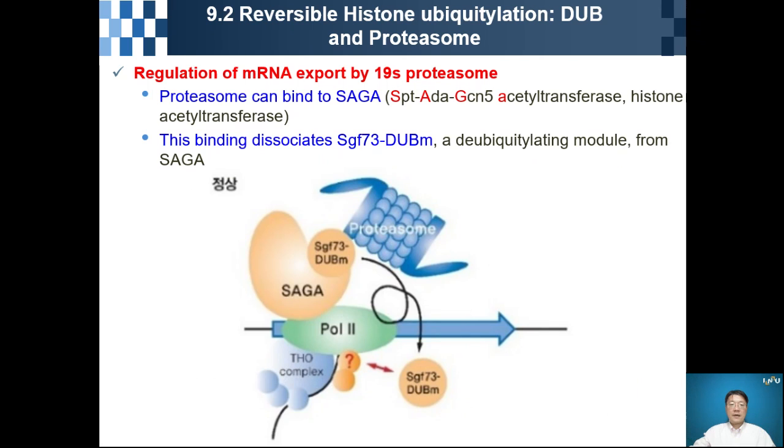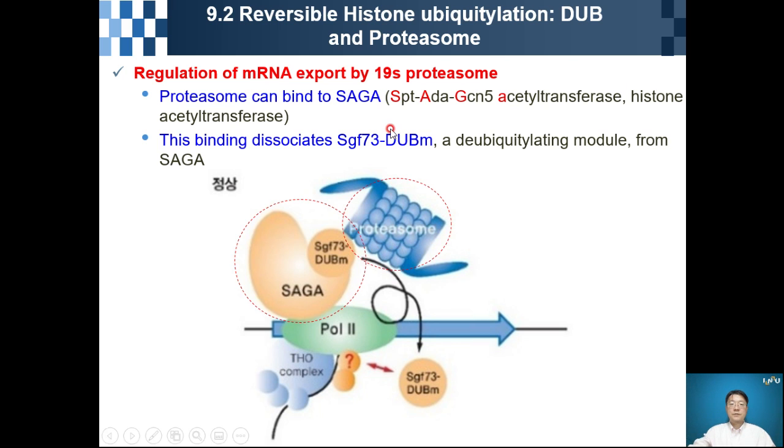In this slide, I will explain another non-proteolytic function of 19S proteasome: the regulation of mRNA export by 19S proteasome. So this is proteasome. Proteasome can bind to SAGA.